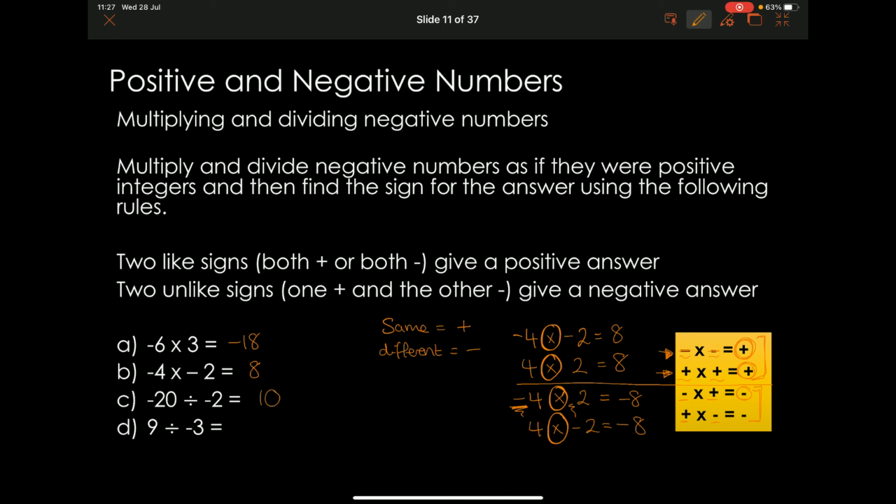And I don't need to add a sign because they're the same, so I know my answer will be positive. And then the last one, 9 divided by -3, they are different. You've got a positive 9, you're dividing it by a -3. 9 divided by 3 is 3, but because the signs are different, the answer will be negative.